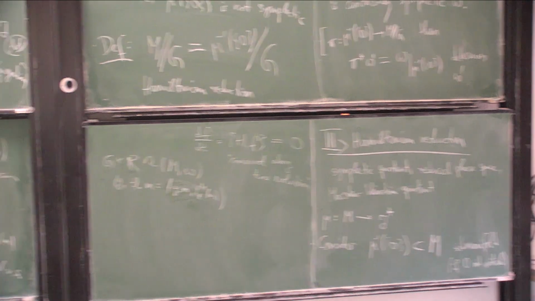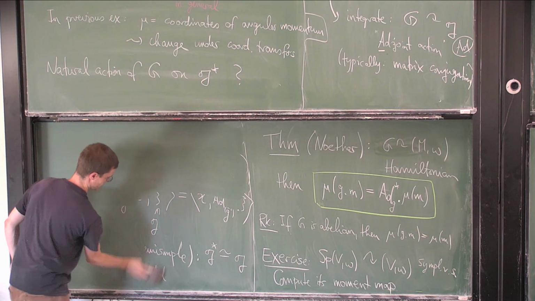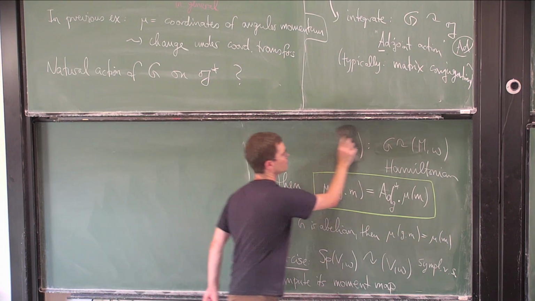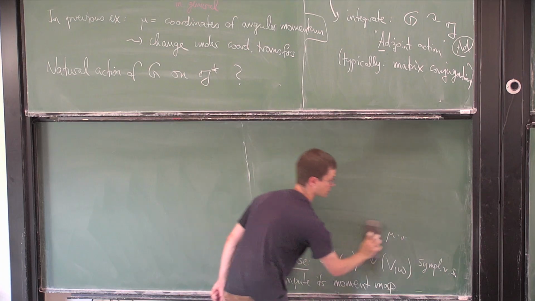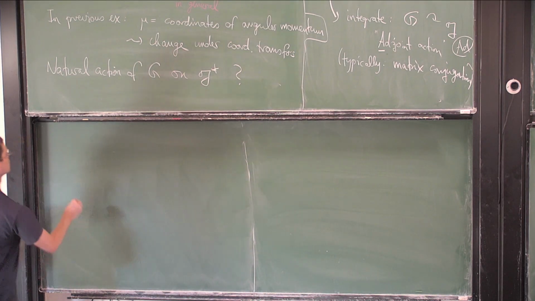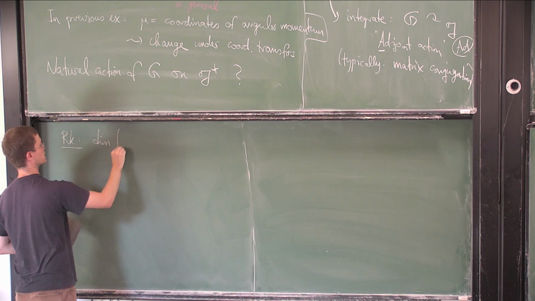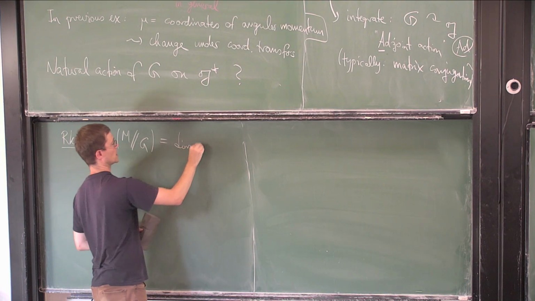Okay, so again, maybe a bit of an abstract definition. Let's see a concrete example and how it works. Before going to the example, just a remark. What's the dimension of this reduction, the dimension of M double slash G? What's the dimension of M?